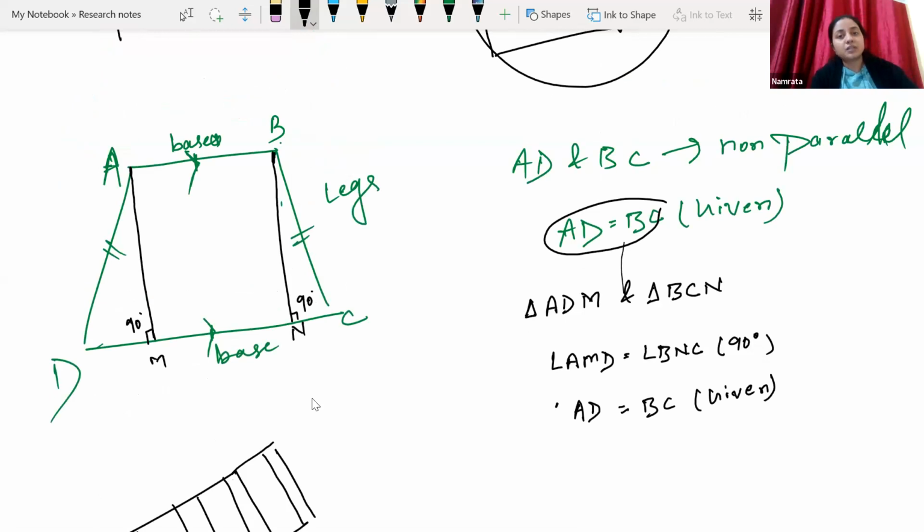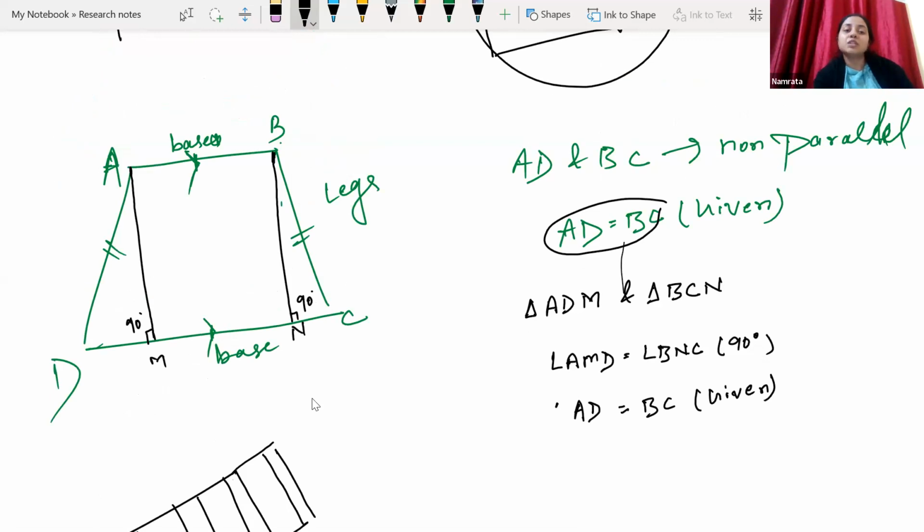Distance means perpendicular distance. Who said these two are parallel lines? Because it's a trapezium, and in a trapezium there must be a pair of parallel lines.